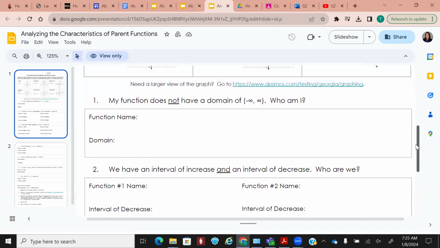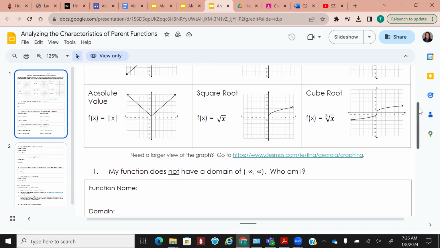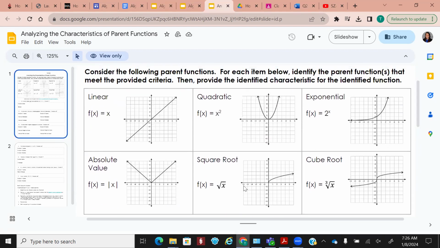So we're going to do number 1 together, though. All right, so it says my function does not have a domain of negative infinity to positive infinity. So is there any graph that doesn't go from left to right? Okay, which one? Square root. Any other ones? Nope, the square root.